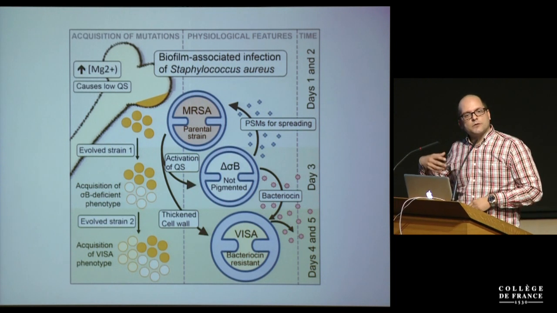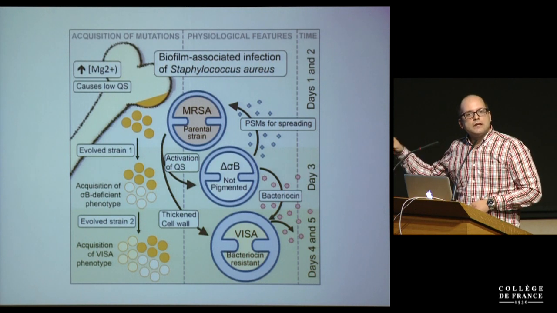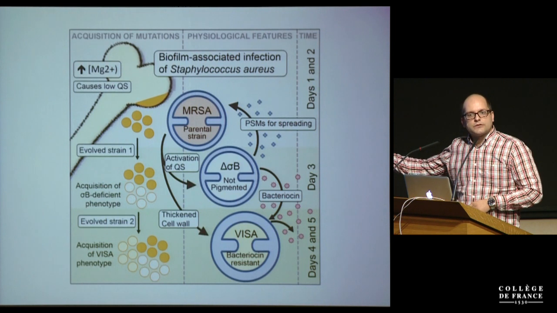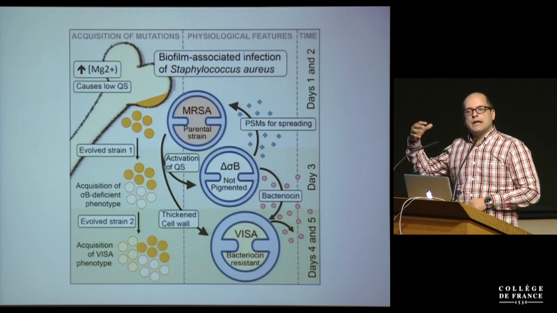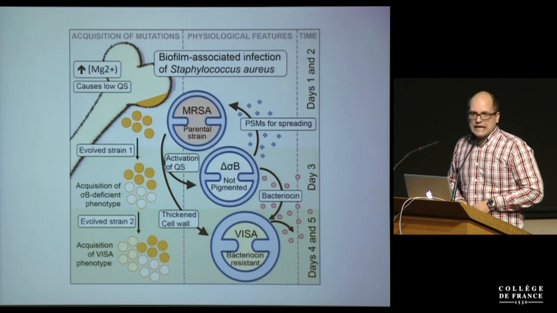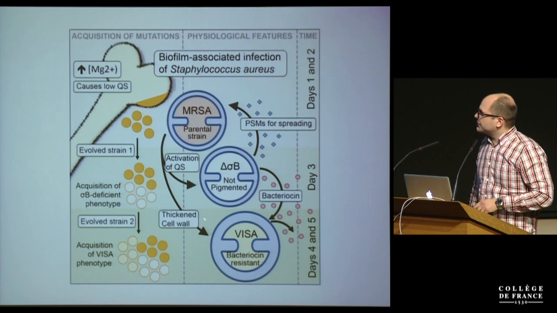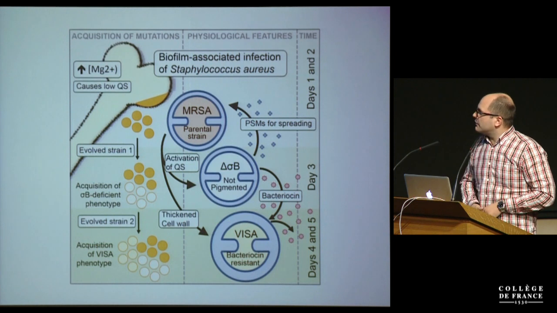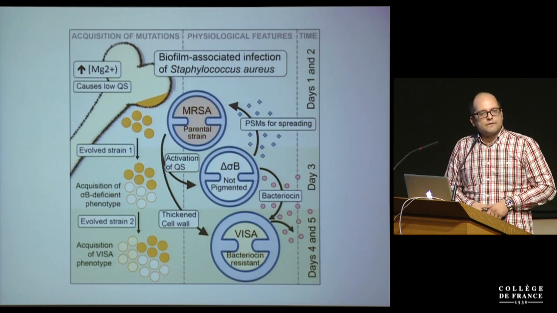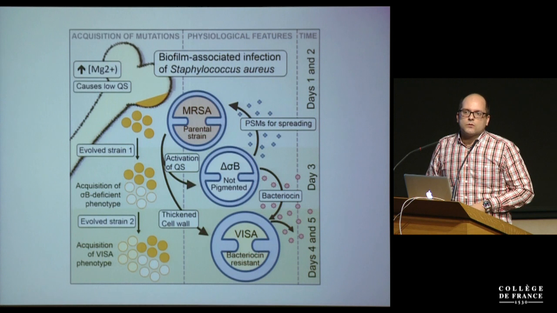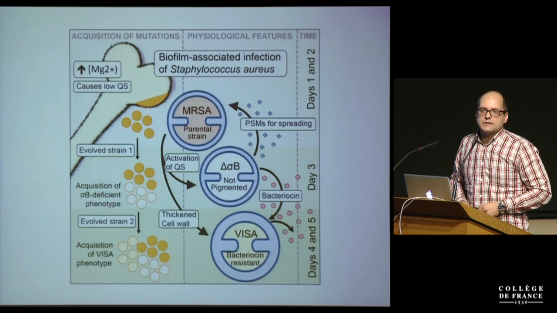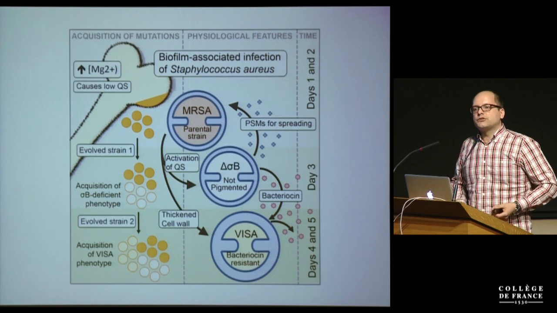Disabling this gene develops a second strain that is overproducing the quorum sensing system and the quorum sensing regulon, including toxins and an antibiotic, that is PSM, that exerts another biological pressure on the rest of the strains to develop a third phenotype that is a VISA-like phenotype, similar to the ones found in hospitals after treatment with vancomycin.